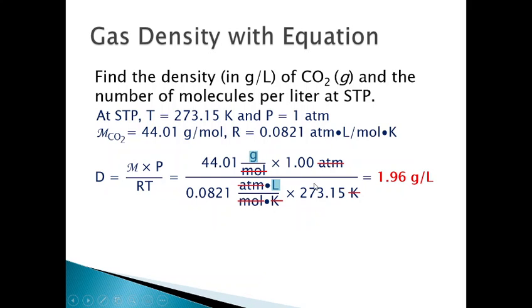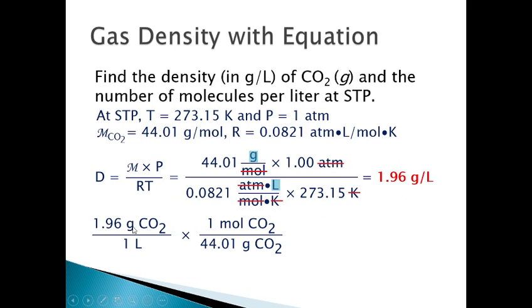Just using the density that we solved for, we can rewrite this as 1.96 grams of CO2 per 1 liter of CO2. Per liter is already taken care of, so we just need to fix the numerator. And here we know how to go from mass to moles using the molar mass.